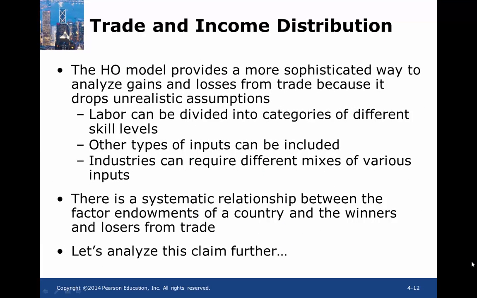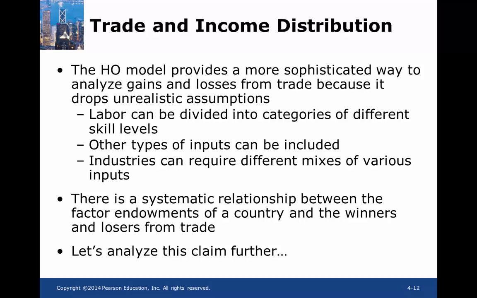Trade and income distribution. The HO model provides a more sophisticated way to analyze gains and losses from trade because it drops unrealistic assumptions. Labor can be divided into categories of different skill levels.